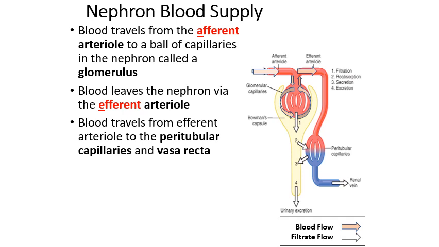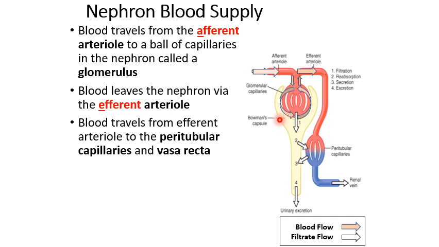So blood travels via an afferent arteriole, and this will bring blood into the capillary that we call the glomerulus, which is in the nephron structure. So blood here will travel from the afferent arteriole into this capillary bed, the glomerulus.